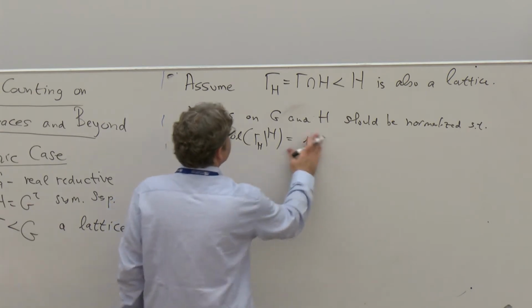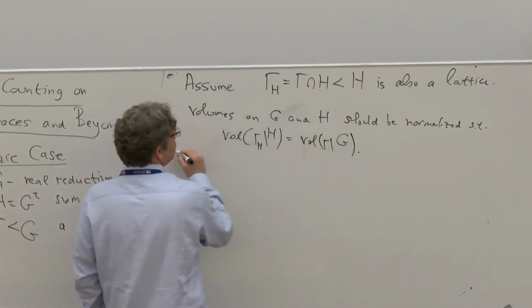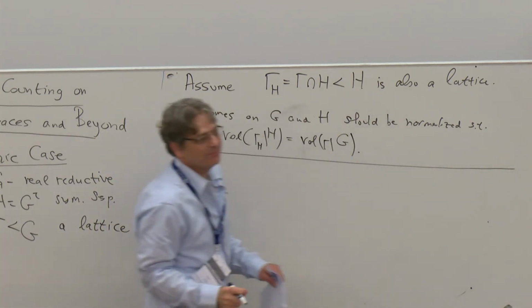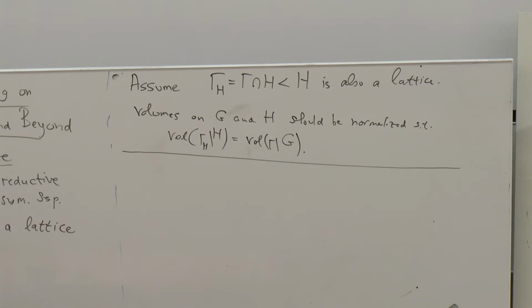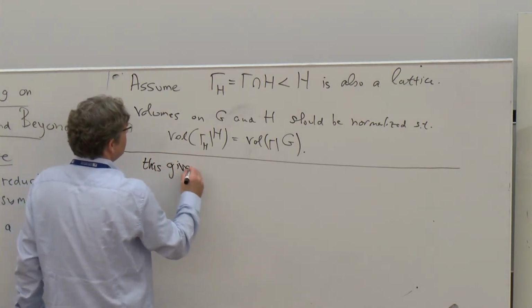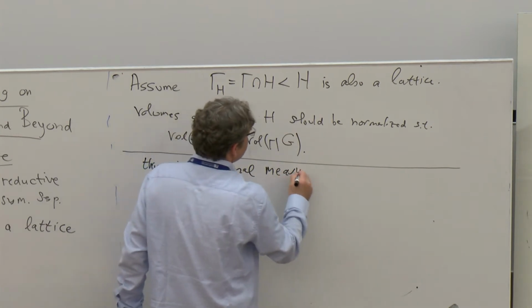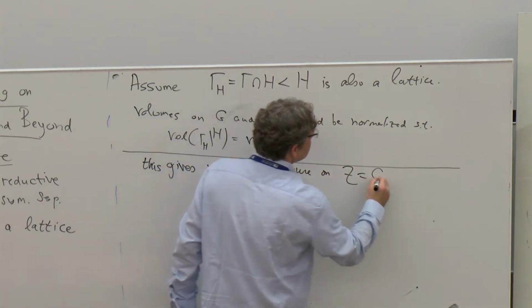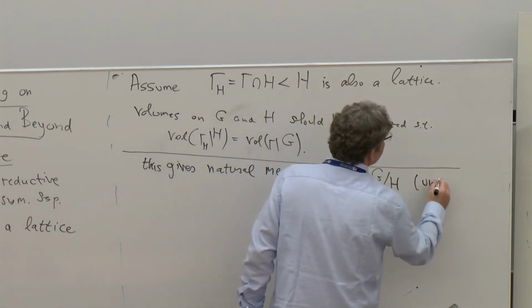I'm not so happy, so maybe this is correct. Maybe this is better. Okay? So this gives a natural measure on Z, which, as I said, is unimodular anyway.